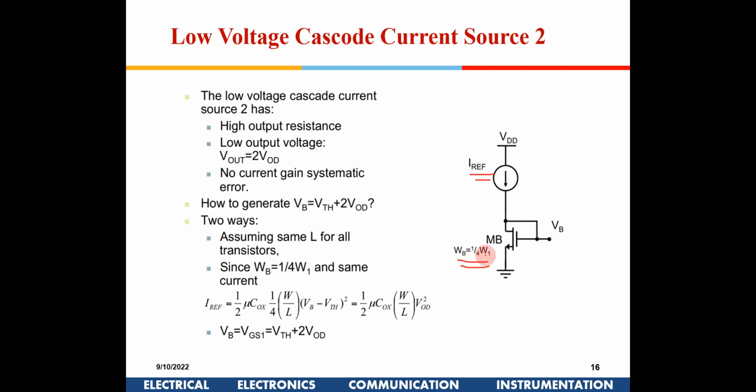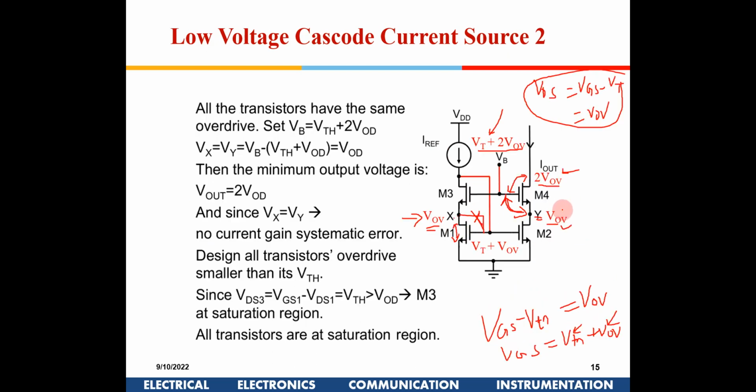If I keep 1/4 of W, then the voltage requirement will become 2 VOV, because the width is now 1/4. So this voltage out here, VGS, will be VT plus 2 VOV. Simple, right? How to generate VT plus 2 VOV? So this is an additional circuit which will generate this voltage for me.